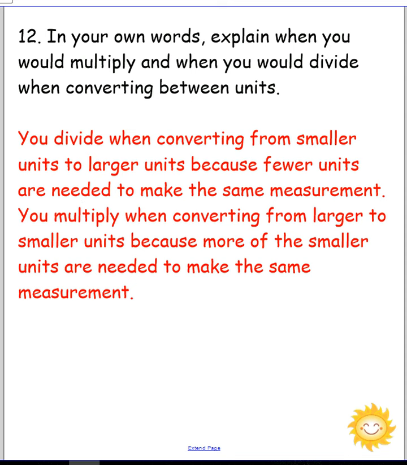So again, when we are dividing, we're converting from smaller units to larger units. And when we're multiplying, we're converting larger to smaller. And to ensure you're doing the right thing, using those unit fractions when necessary helps eliminate the guesswork if you're not sure.